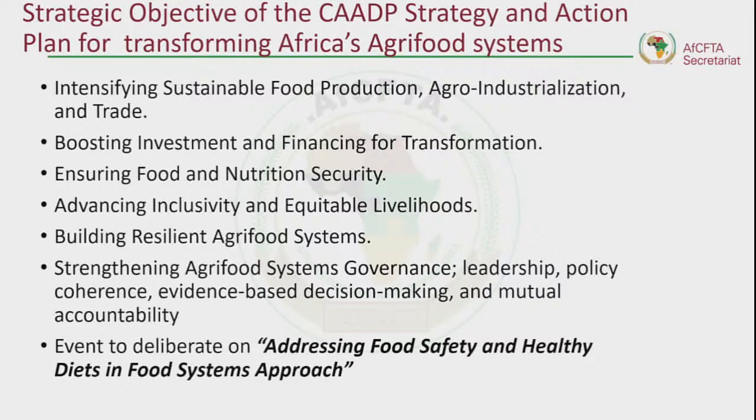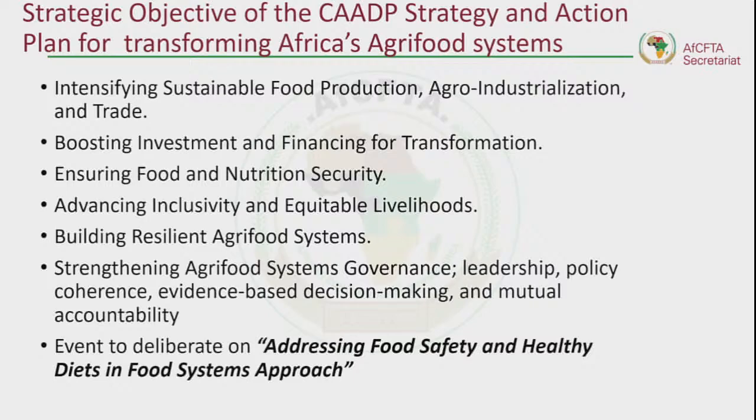And this is where issues of SPS and food safety really fall. And that is why there was a special event held during the summit to deliberate on addressing food safety and healthy diets in food systems approach. It was a very rich side event.